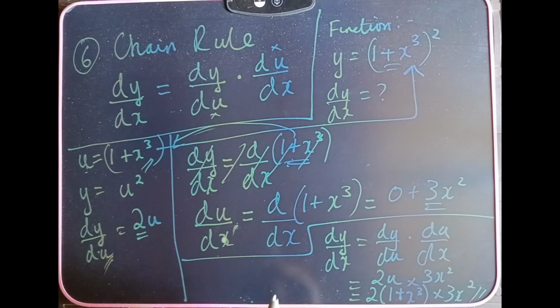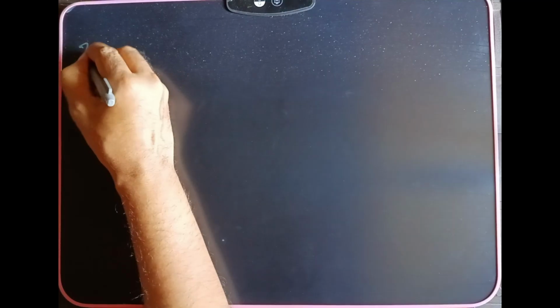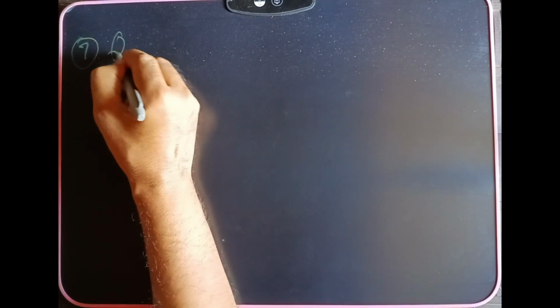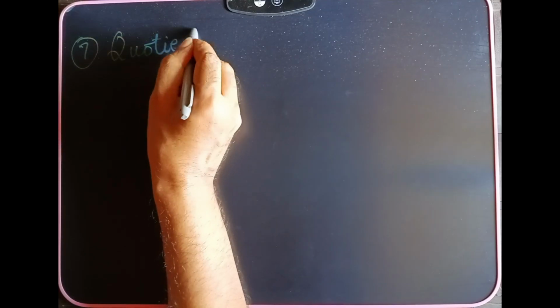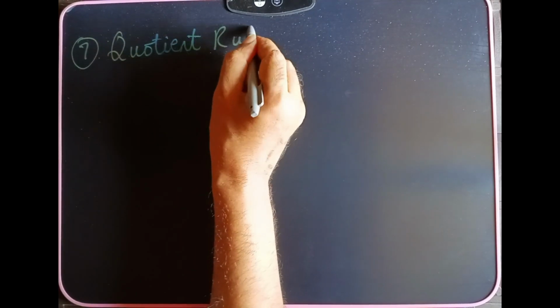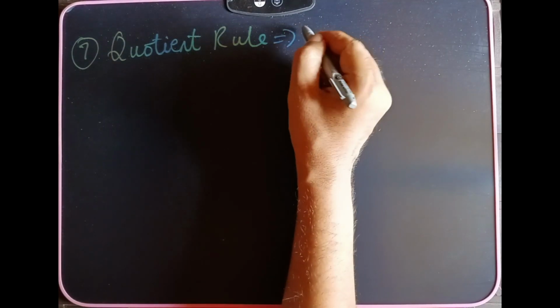So I'll clear the screen now. We'll go to our next rule. Seventh rule is called the quotient rule. Quotient is like a division rule.